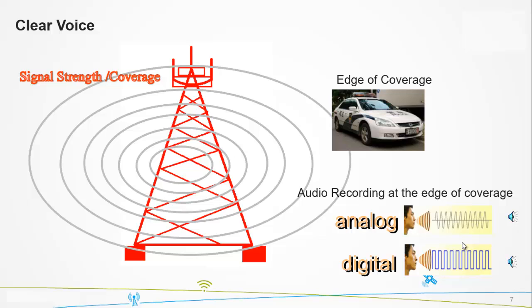As compared to the digital, if the digital radio no longer receives that signal, it will automatically be cut off. It will not have scratchy or noisy audio. So for example, you have an analog radio, then like this one.